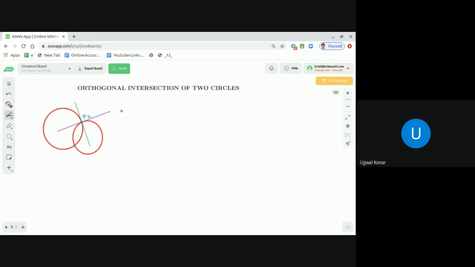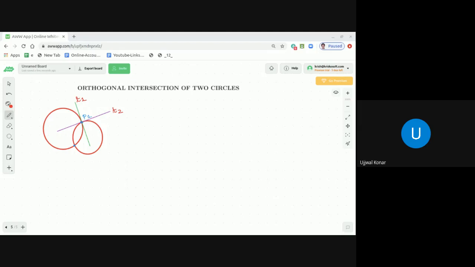If you look at these two tangents, the one in green I can call T1, the tangent 1, and this is T2. If these two tangents are perpendicular to each other, then we can say that the two corresponding circles are orthogonal to each other. Correct, dear students?